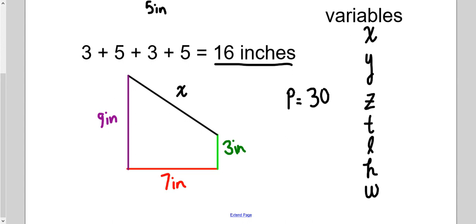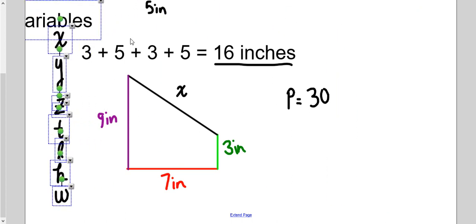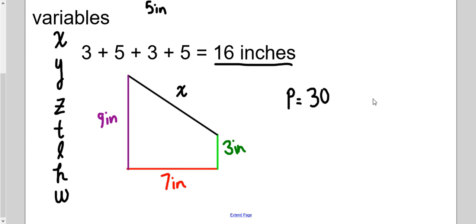Okay. So let's take all of this right here and move it over here out of our way. So what do we have here? Well, we know that we have a 3, and we have a 7, and we have a 9, and then we have this variable, x.